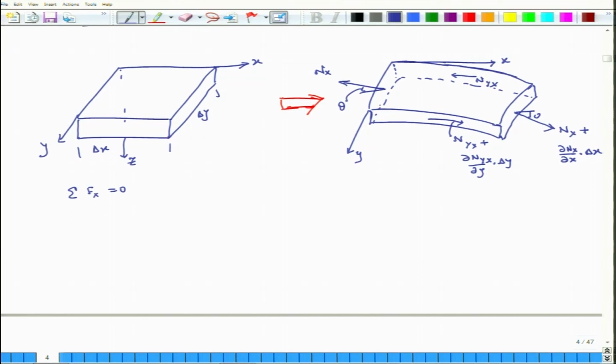Nx cosine theta. And here this angle will no longer be theta, it will be theta plus del theta over del x times delta x, right. And what is theta? So, suppose the plate is bending like this.